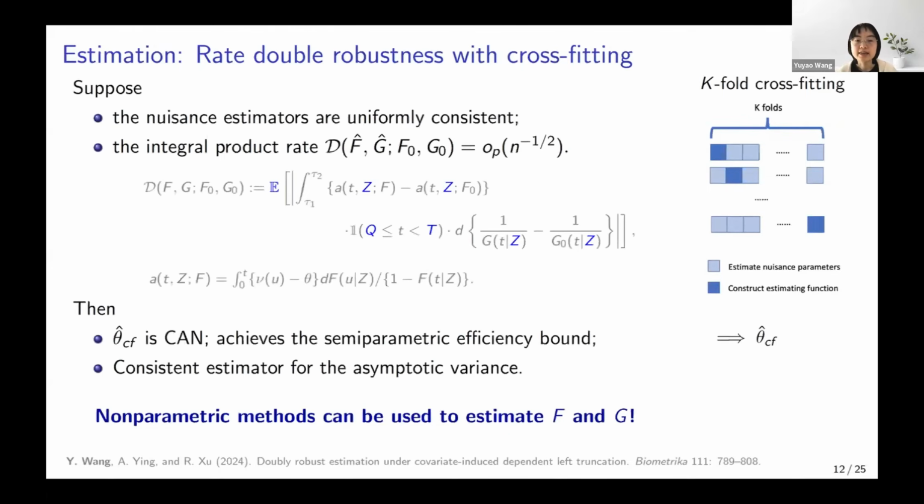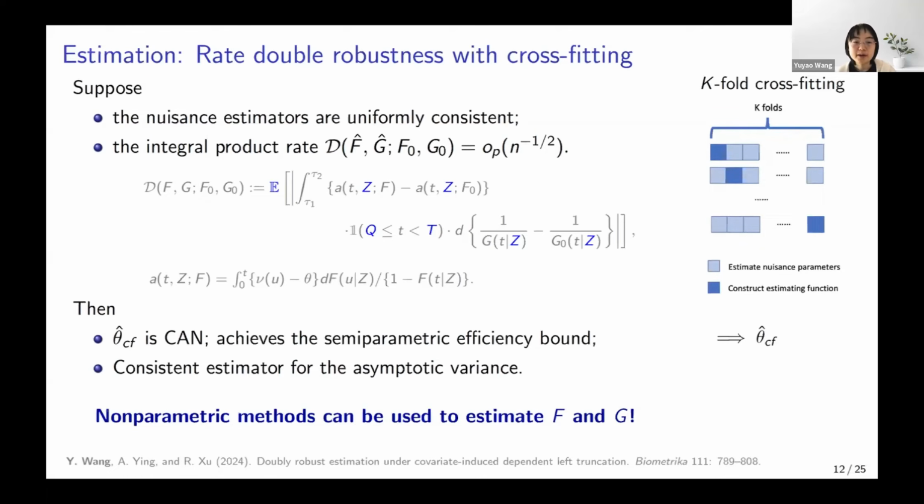equations. And the estimator constructed this way enjoys the rate double robustness in the sense that if the nuisance estimators are uniformly consistent, which is usually a reasonable assumption when flexible non-parametric machine learning approaches are used, and if the integral product rate of the two nuisance estimates is faster than root-n, then our estimator is consistent, asymptotically normal, achieves the same parametric efficiency bound, and also we have a consistent estimator for the asymptotic variance.